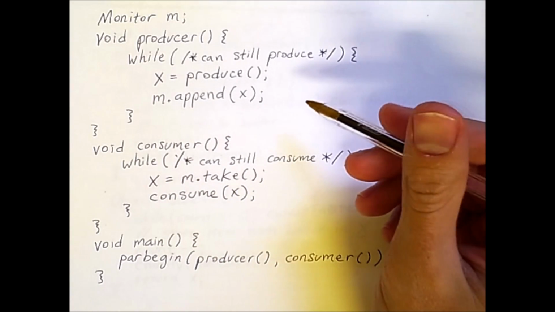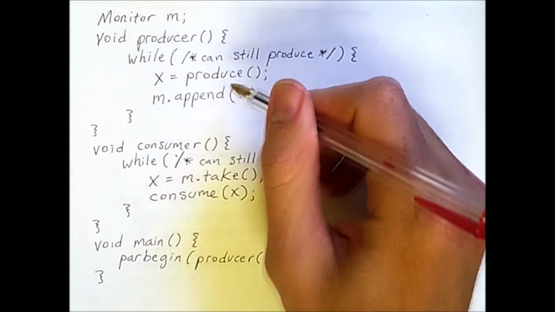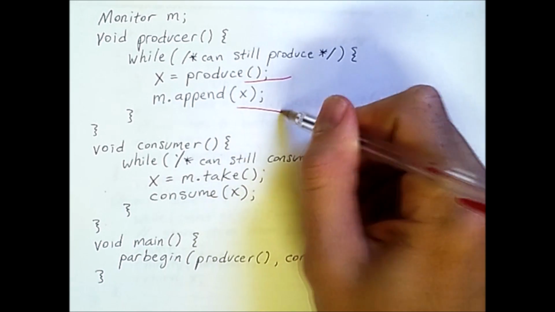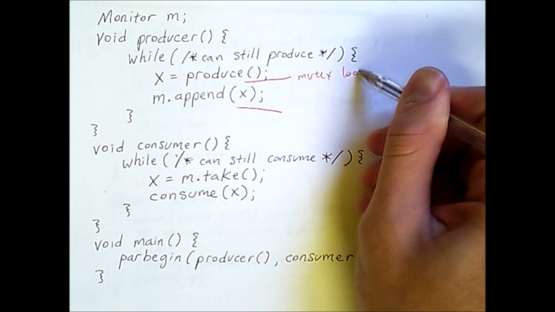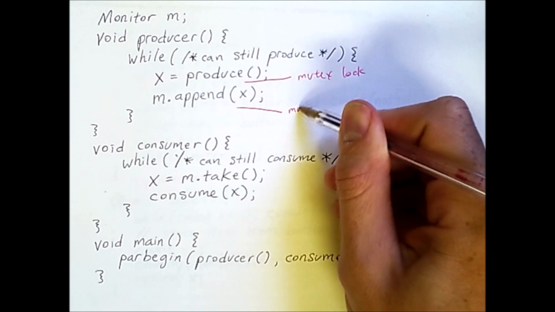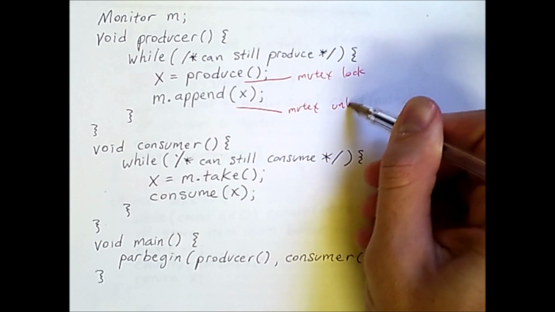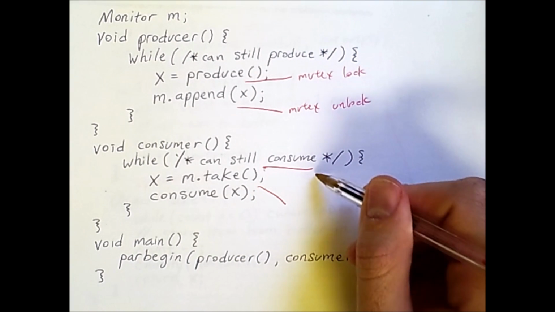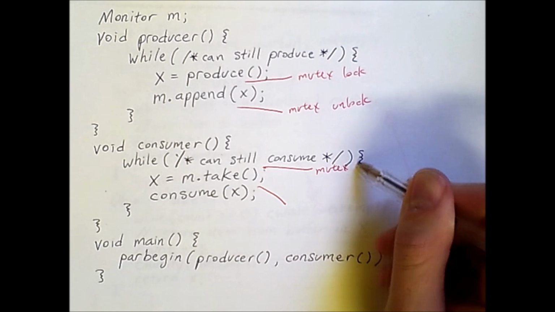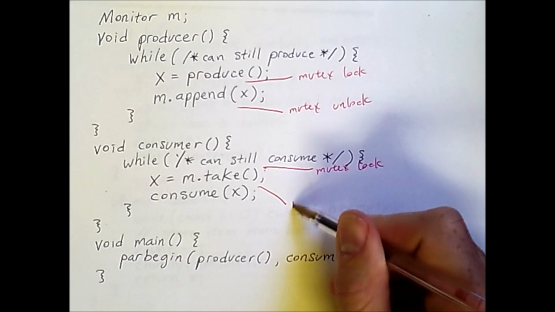If you didn't have that implicit locking, then you would need to have a mutex lock here and a mutex unlock here, and then the same thing would have to happen at these 2 points with a mutex lock and a mutex unlock.